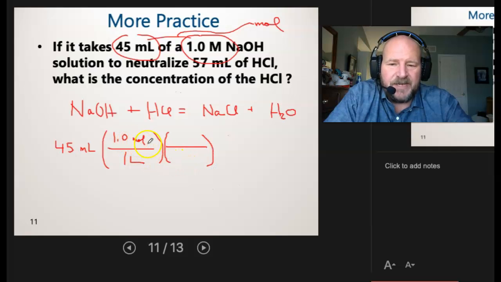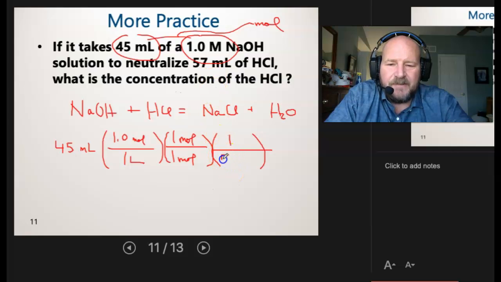At this point, we would be in moles of NaOH. So for every 1 mole of NaOH, it's going to be 1 mole of HCl. And now I'd be in moles of HCl, but I want to be in molarity. And so I'm going to let the 1 go, so that way the moles goes through, it doesn't cancel out. And then I'm going to put that over 57 milliliters.